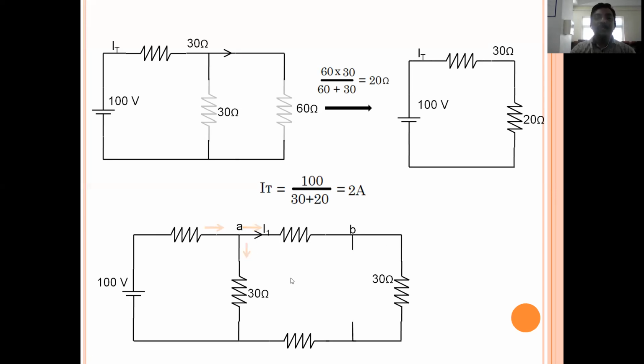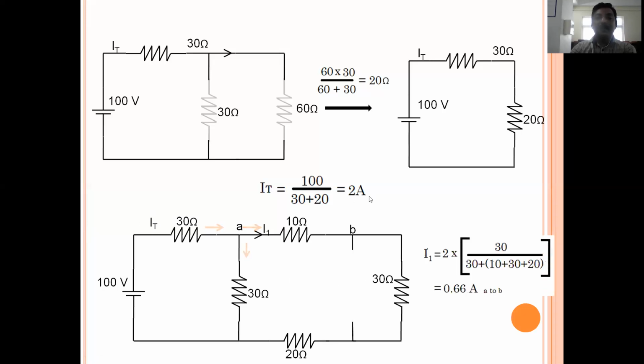In the parallel combination, we can find the current flowing through any one of the resistance paths using the current division rule. Here we have to find the current passing through this path. So what is the equation? The total current multiplied with the resistance in the opposite path divided by the total resistance. Here the total current is IT, and we already found it as 2 ampere.